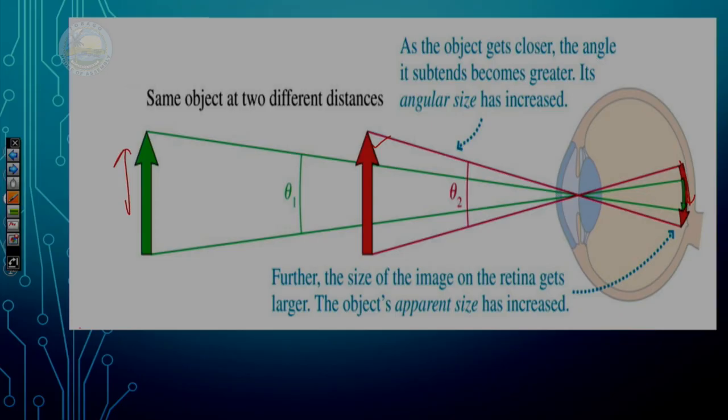Because the light is coming from a further distance, we don't want the light to continue bending, otherwise the image will form before the retina. In this case, we want the light to not bend as steep or as soon, so that the image will form on the retina. And the only way to do that is to adjust the size of the lens. So you can either make the lens bulge or get thinner, and that is going to affect how much the light is going to refract onto the retina.